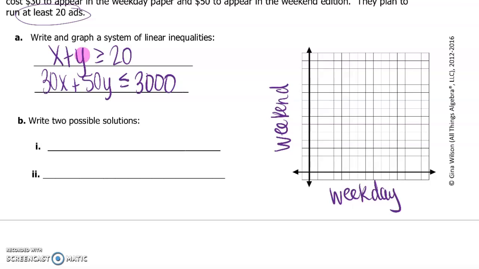So again, if I cover that up, I get x equals 20. Cover that one up, I get y equals 20. So we know we need a 20 and a 20 to fit. Down here, if I cover up the y, I get 30x equals 3,000. Divide by 30.